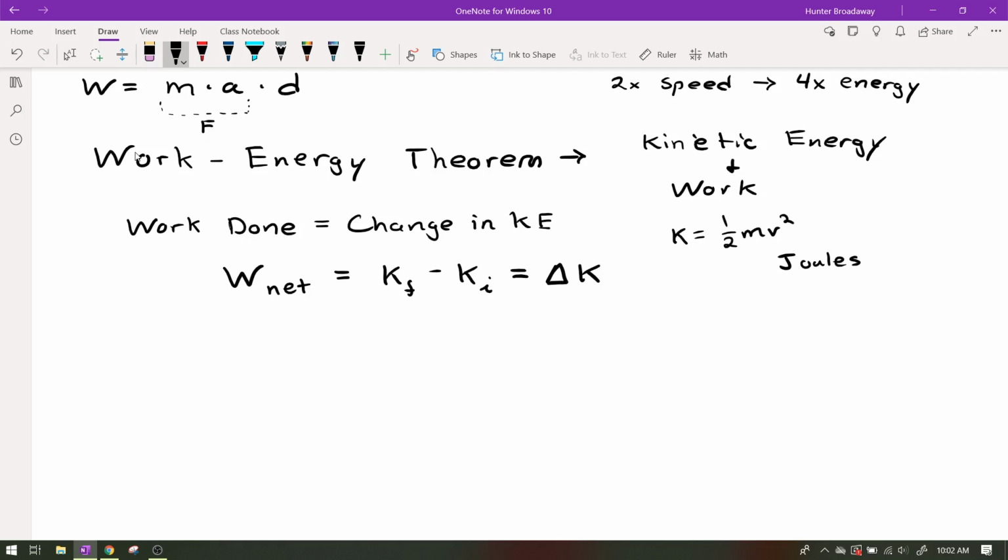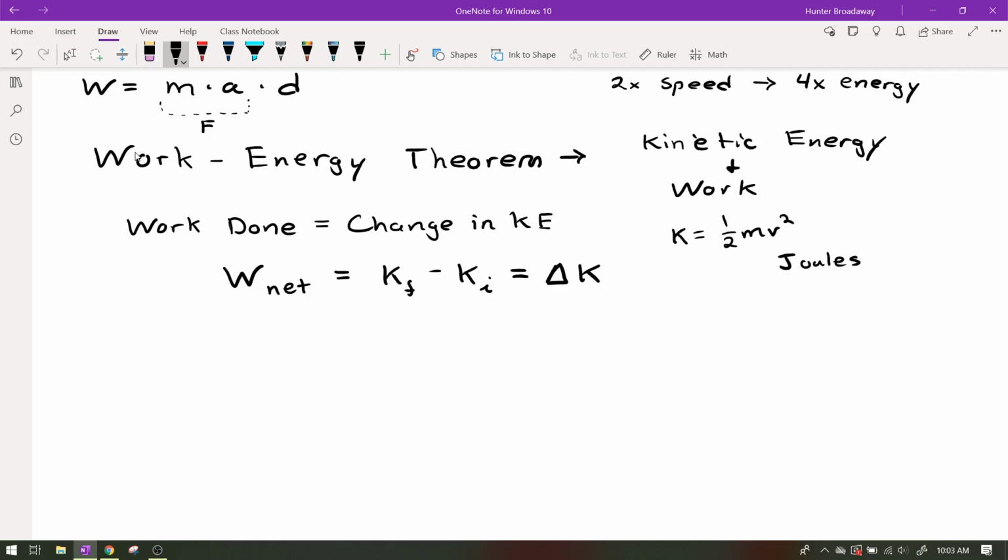Whichever way you write it, I don't care. If you write delta K, I understand exactly what you're talking about. If you write out Kf minus Ki, I know exactly what you're talking about. If you don't necessarily like algebra in and of itself, or if physics problems hurt you a little bit, my recommendation is to do Kf minus Ki, because that reminds you Kf is my final kinetic energy and Ki is my initial kinetic energy.